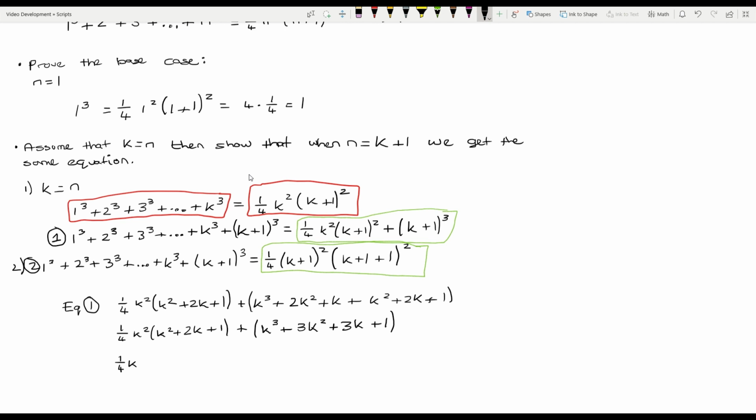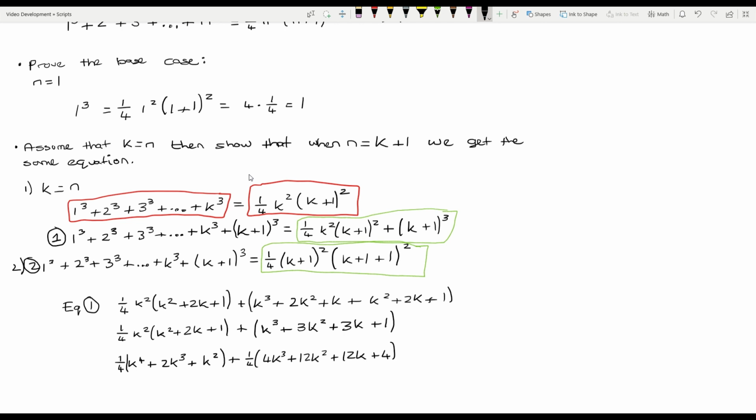So we get k to the 4 plus 2k to the 3 plus k squared. And then for this other one, to make it like this first one, we need to multiply each of the terms within the brackets by 4. And that allows us to put a quarter outside of the brackets. So then we get 4k cubed plus 12k squared plus 12k plus 4.